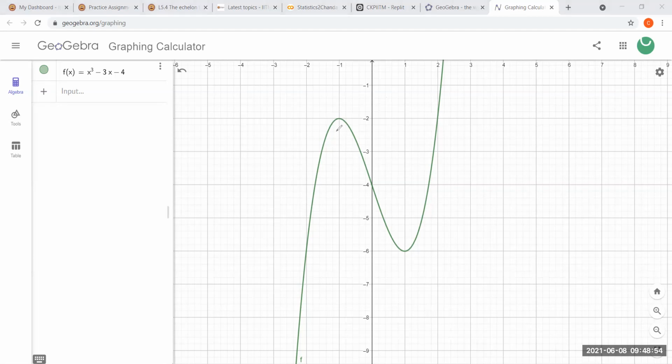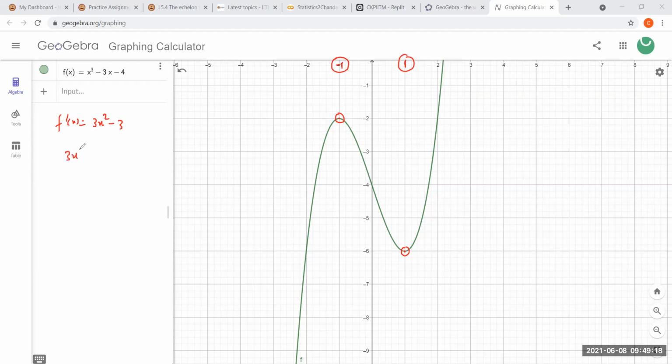Okay. So look at this. This point is minus 1. If you look carefully, this point is plus 1. And if you look at the point here, this is the plus 1. This is the minus 1. Can you see that? So what you got mathematically, when you differentiate this function, f dash x, you got 3x square minus 3.